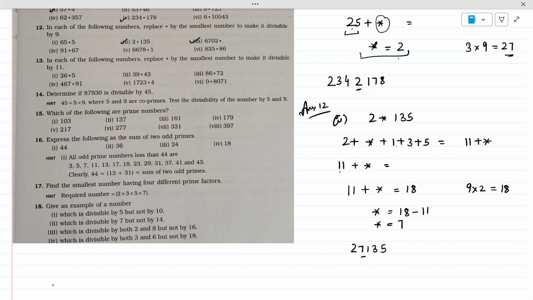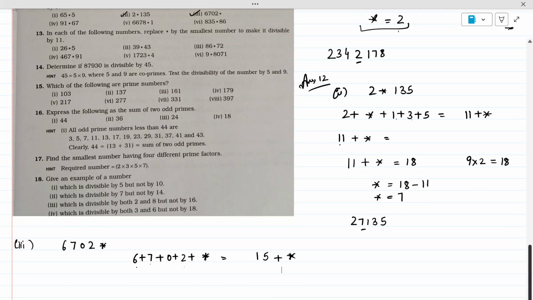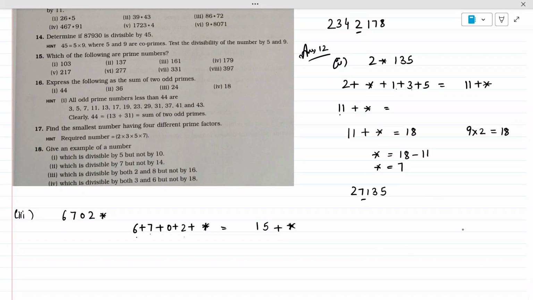Now let's move to the next question, the third. This is 6702 and star. So what are we going to do? 6 plus 7 plus 0 plus 2 plus star. This will give us 7 plus 6, 13 plus 2, 15. So 15 plus star should be a multiple of 9. Now what we are going to do here is take the very next multiple of 9.